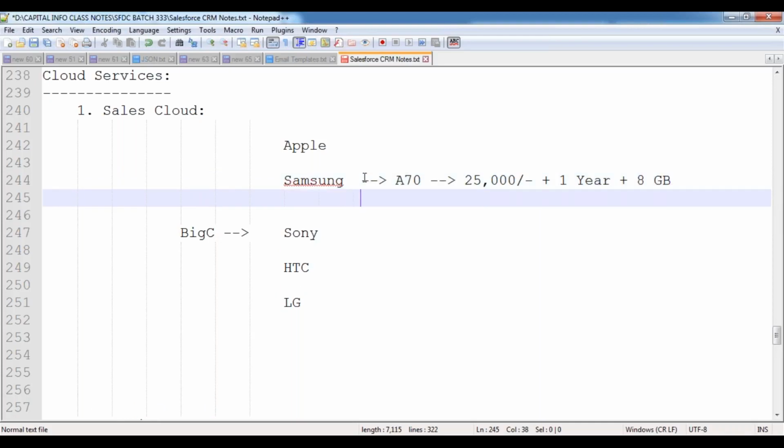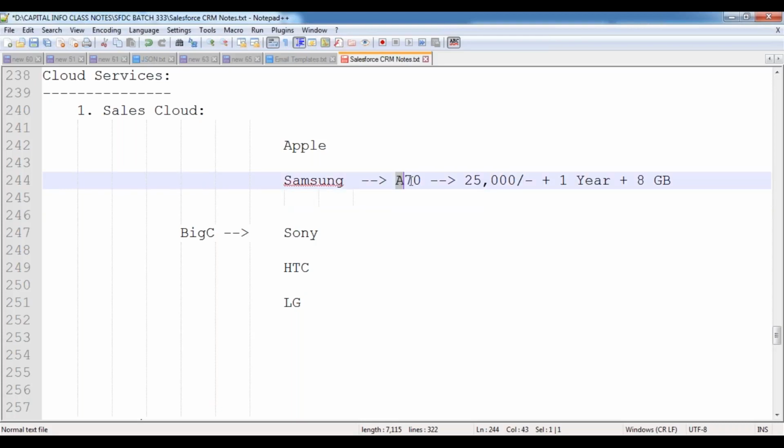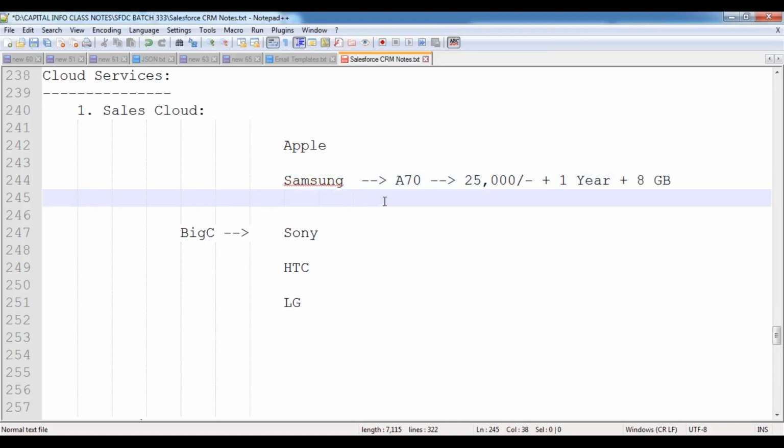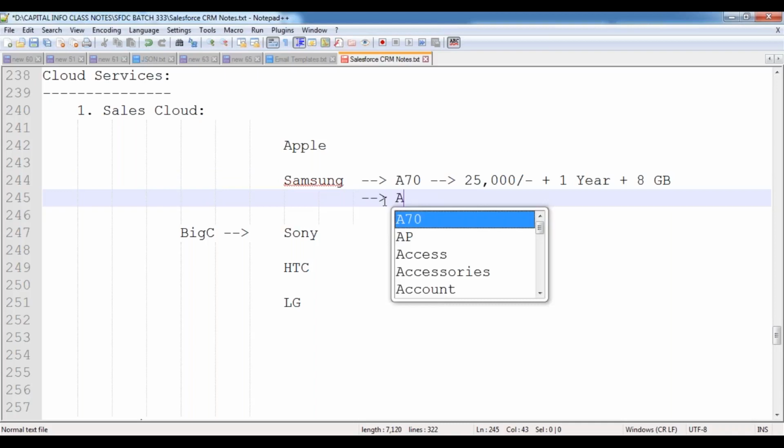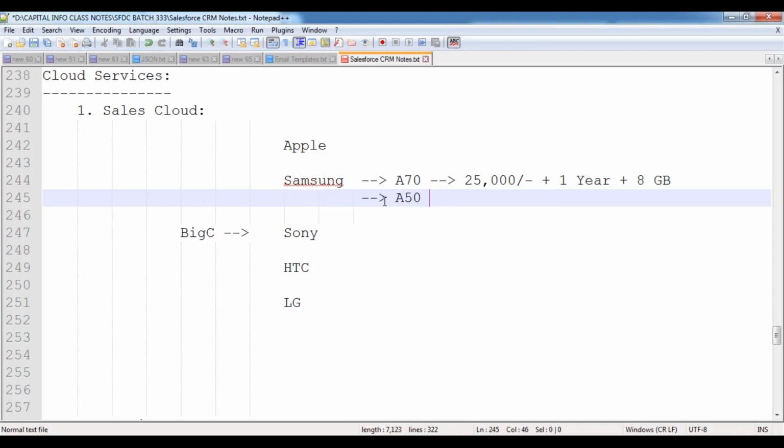Okay. So upon selling that A70 model, they charge some 25,000 rupees as the mobile cost. Along with that mobile, they provide 1 year of free insurance service and 8 GB of memory. Next, upon selling that A50 model, they charge some 20,000 rupees as the mobile cost. They provide 2 years of free insurance service.